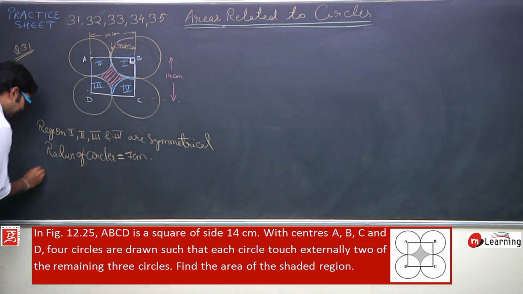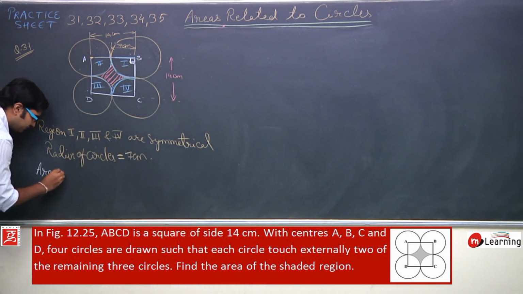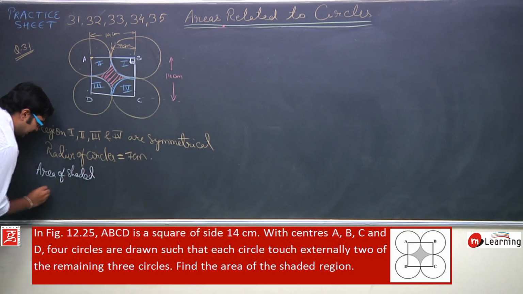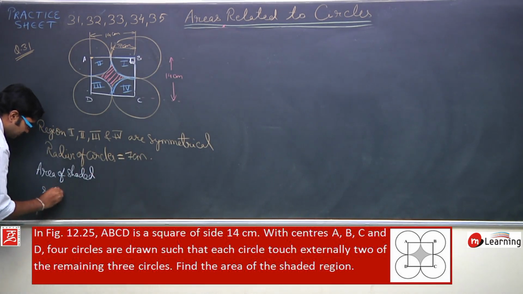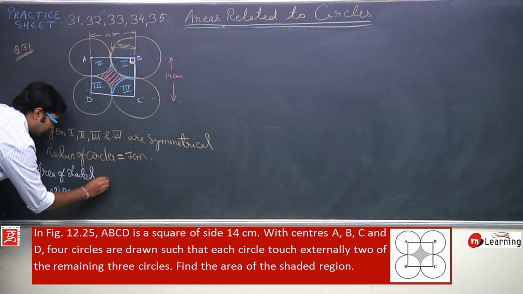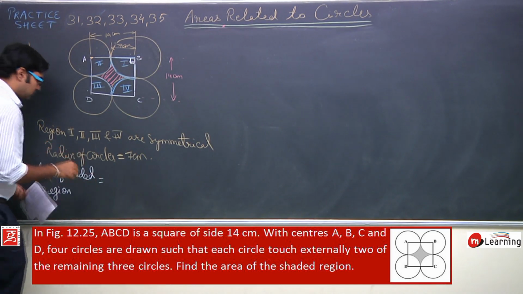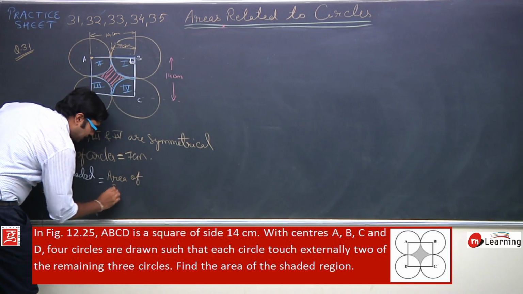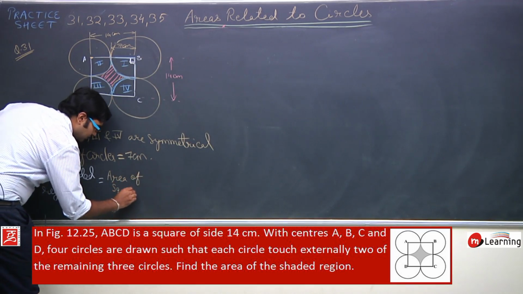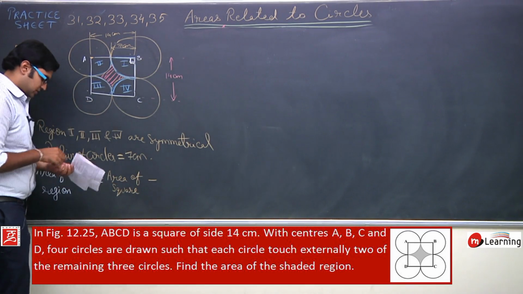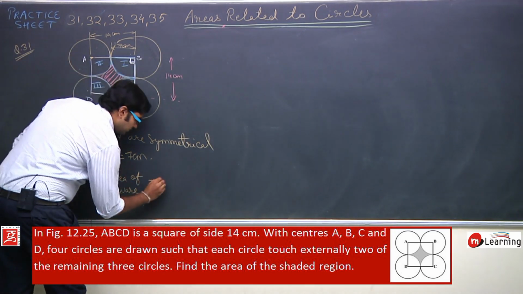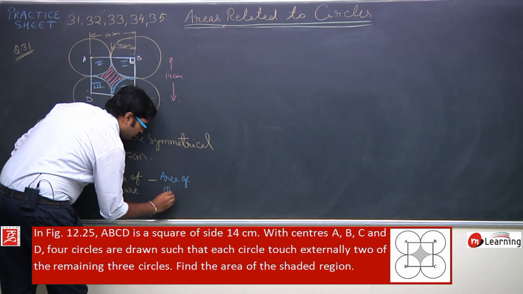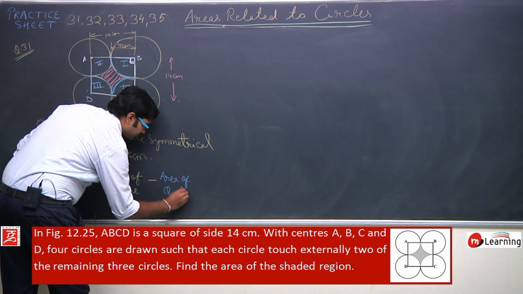Then I will say the area of the shaded region is equal to the area of the square minus the area of 4 quadrants.